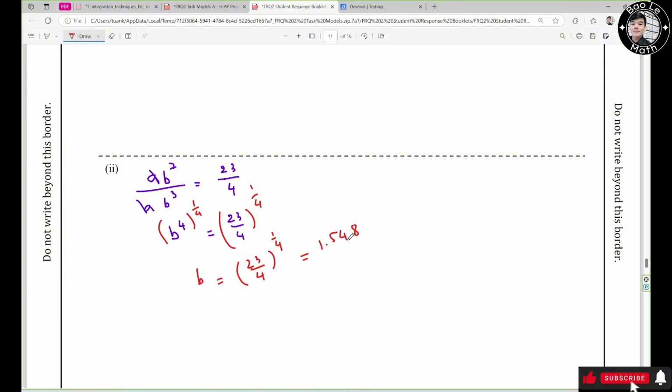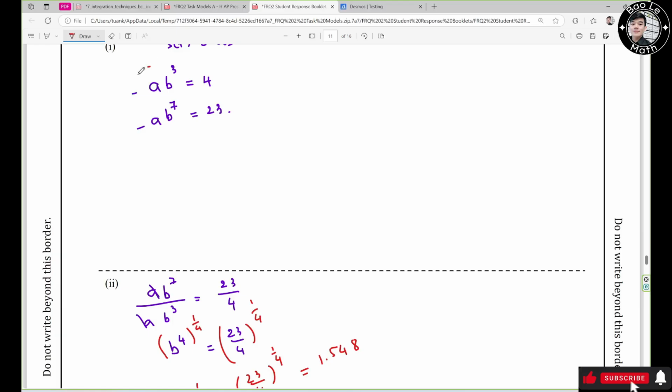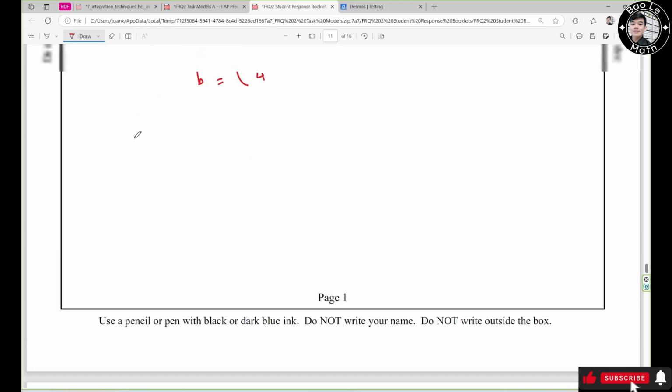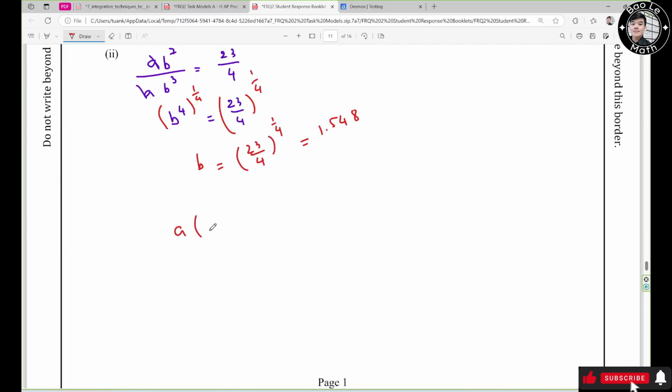Now after I have b, I substitute b into one of the equations. I'm going to use the first equation. So I have a times 1.548 raised to the third equals 4. So a equals 4 divided by 1.548 raised to the third.